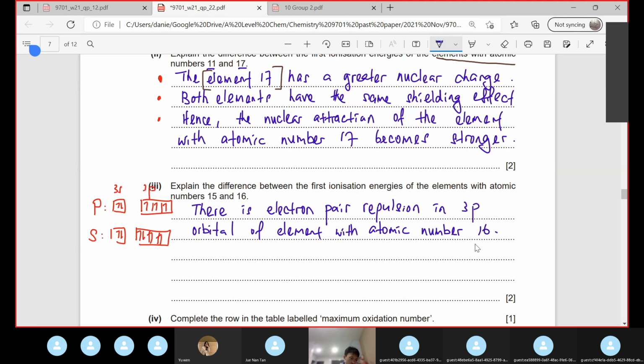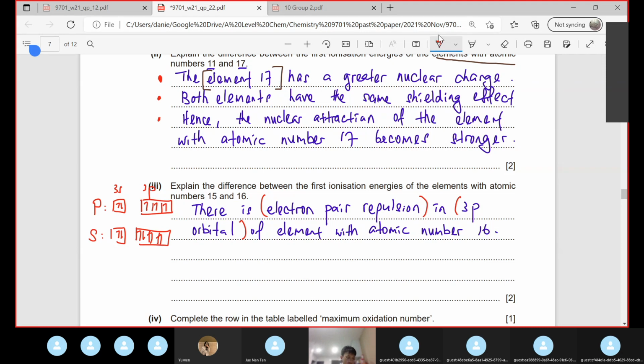Okay, so 1, 2. In the mark scheme, I remember as long as you mention electron pair repulsion, you get 1 mark already. Another mark they give on the location of the orbital, means it is 3p orbital. Then you already score 2 marks.